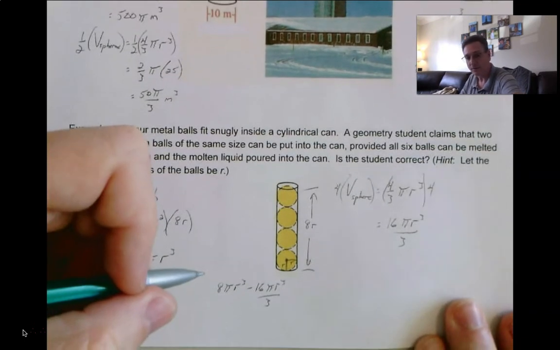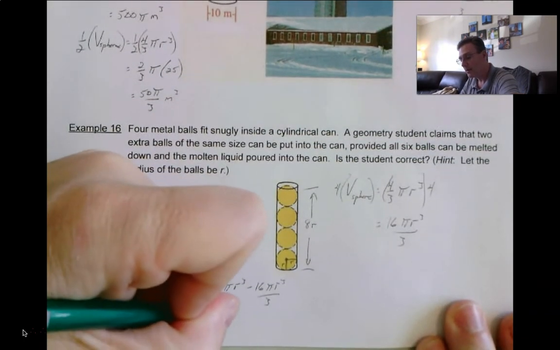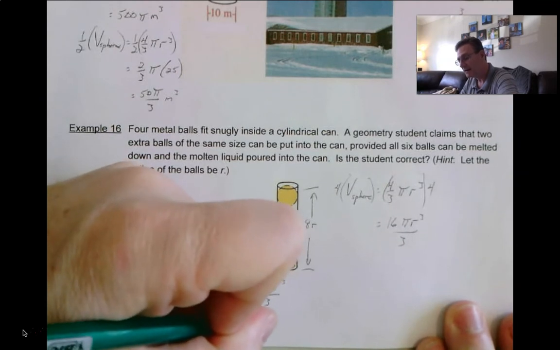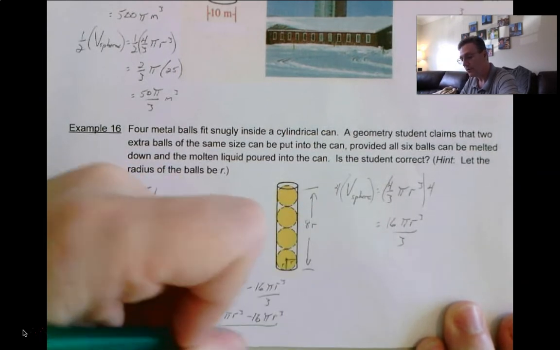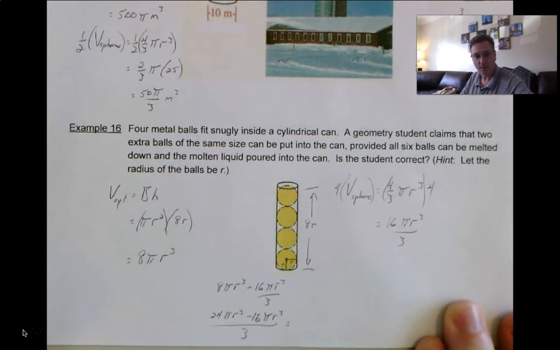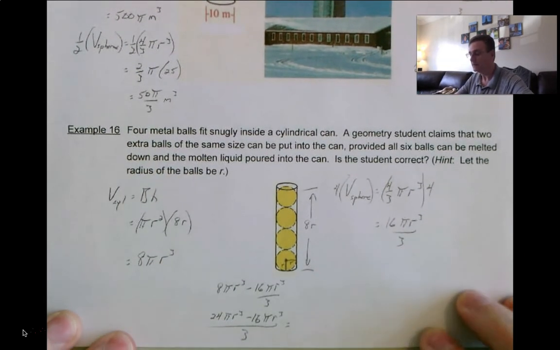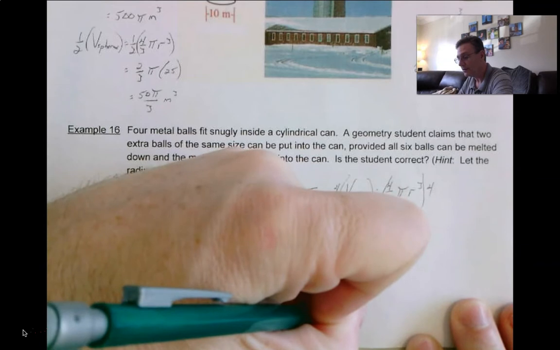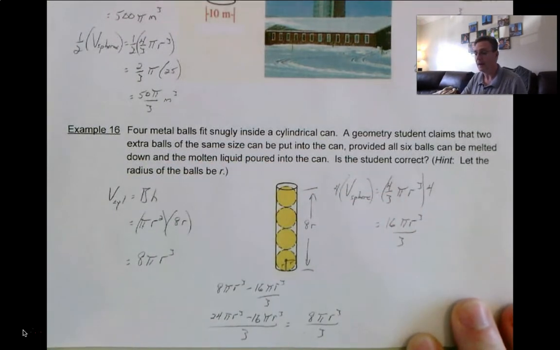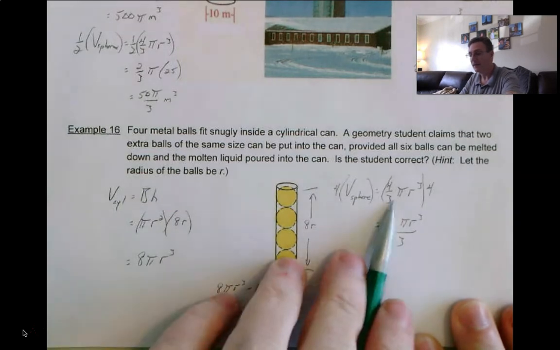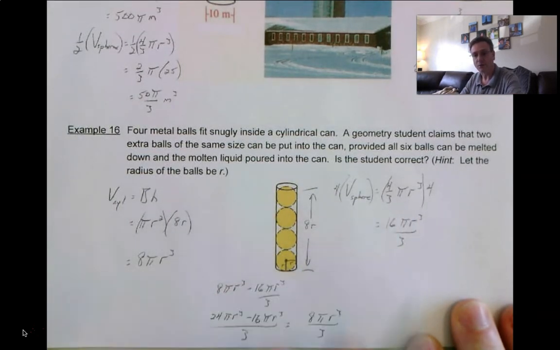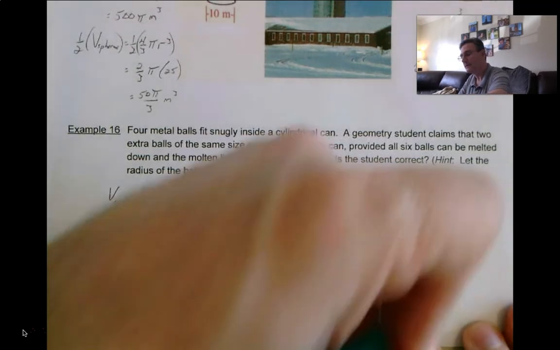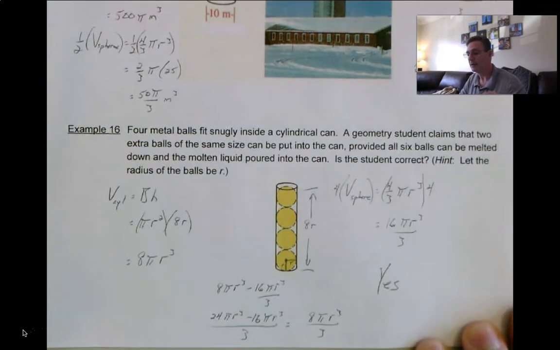Common denominator, we need a 3, so this is going to be 24 pi r cubed minus 16 pi r cubed over 3. 24 minus 16 is 8. 8 pi r cubed over 3. And this is exactly equal to 2 of the metal balls. So is the student correct? Yes. The geometry student is correct.